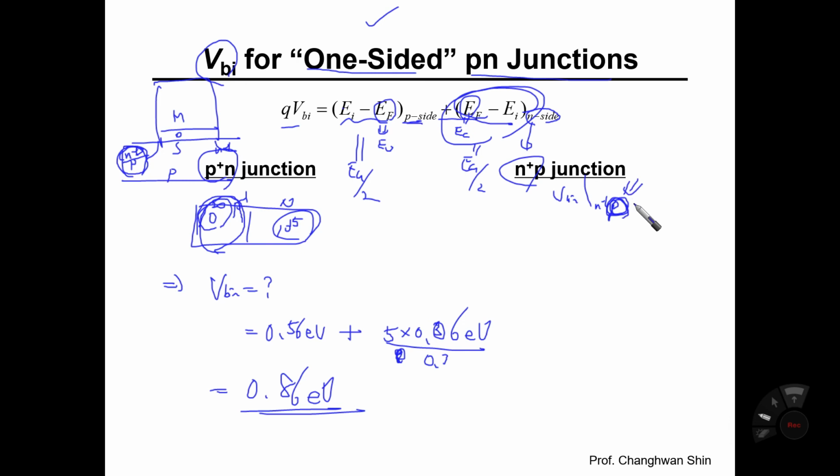Okay, so in summary, in a one-sided p-n junction, the lightly doped side has its own key role in determining the built-in potential. The heavily doped side is doing almost nothing when it comes to determining the built-in potential. So the lightly doped side is more significant and important.